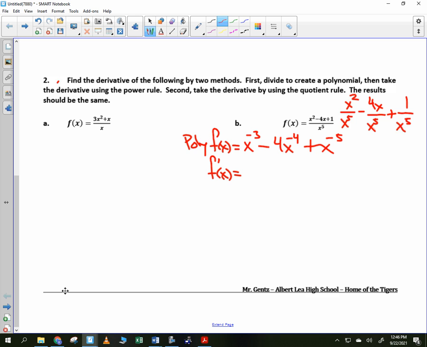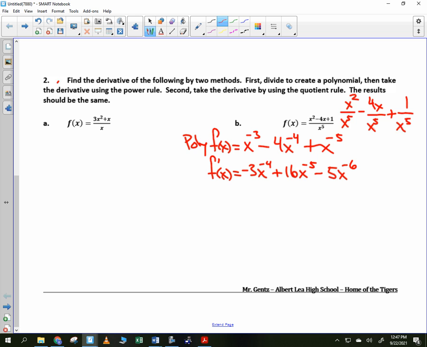What's the derivative of x to the negative third? Yep, negative 3x to the negative 4. Then plus 16x to the negative 5. Then what? Minus 5x to the negative 6.